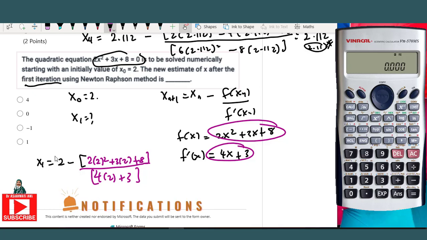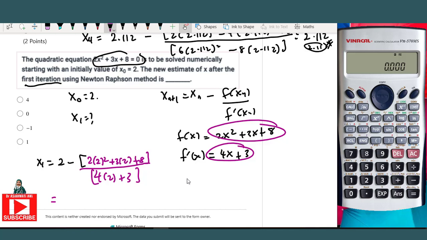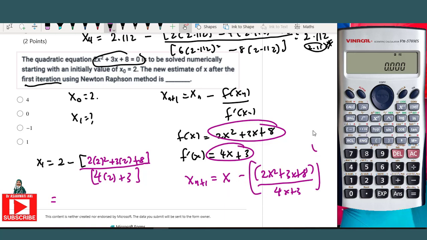You can substitute everything and find the first iteration, or substitute into the formula. Let's say we want to substitute into the formula: x n plus 1 equals x minus 2x squared plus 3x plus 8 over 4x plus 3. Let's take this one.